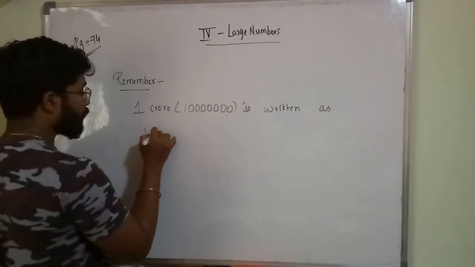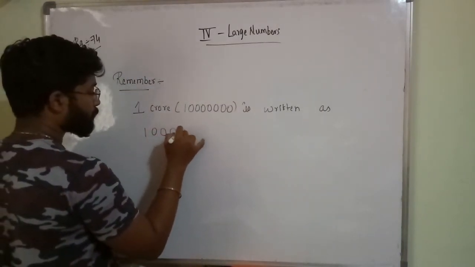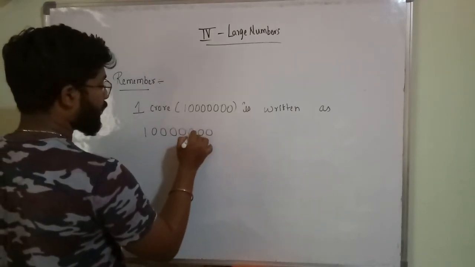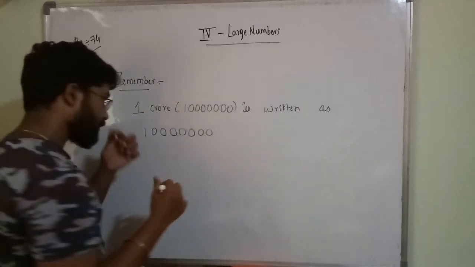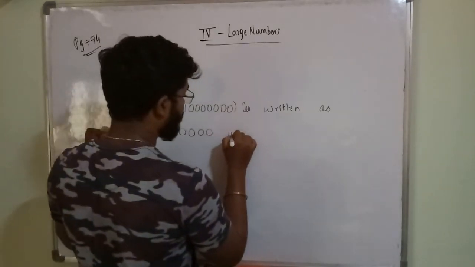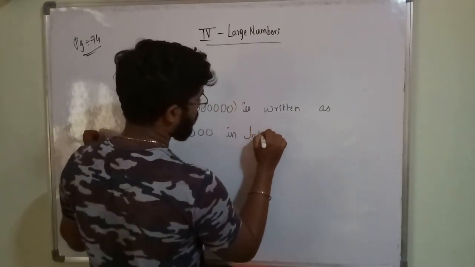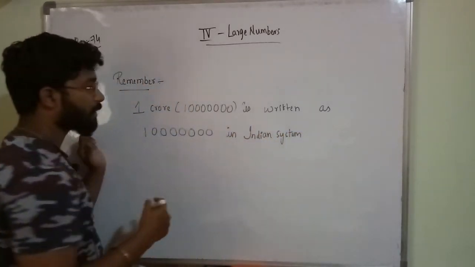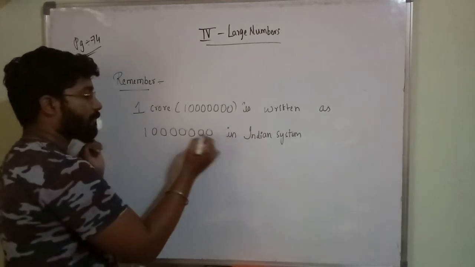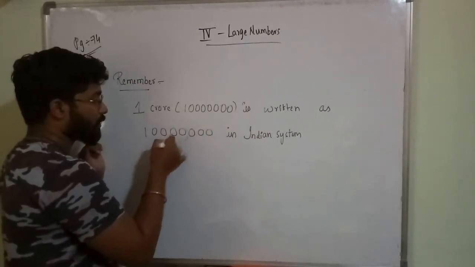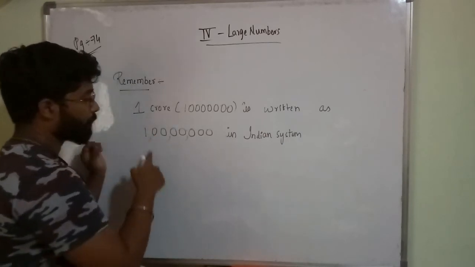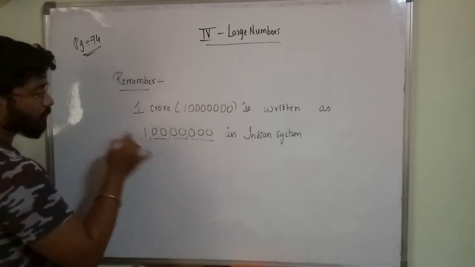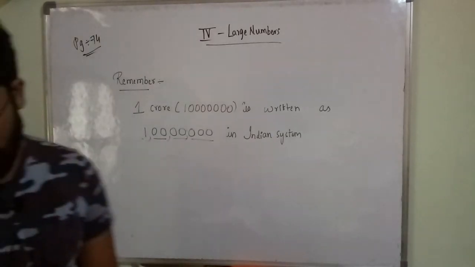So this is the number, no? 8 digits. How can we write this number in the Indian system? After 3 digits put 1 comma, after 2 digits 1 comma, after 2 digits 1 comma. So this is the ones period, thousands, lakhs, crores. In the Indian system we can write like this.